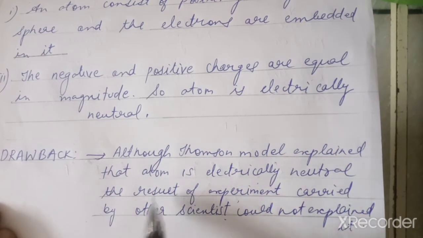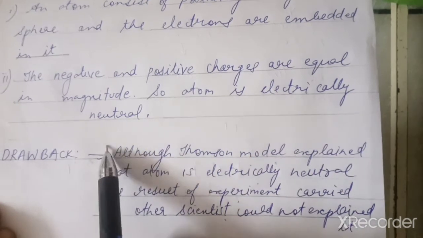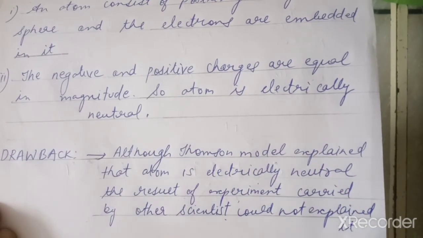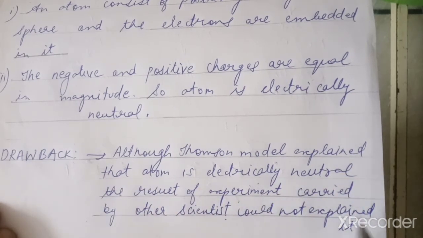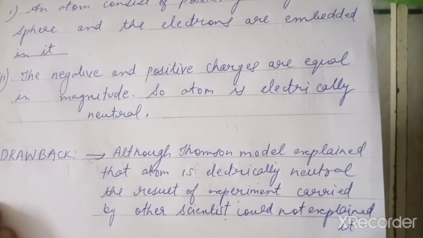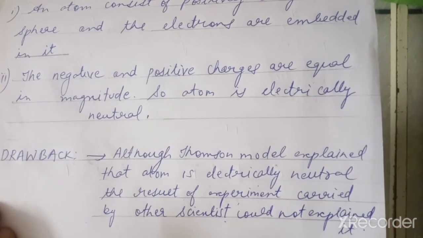So this was the drawback of this model: the model proposed by Thomson was not accepted by the other scientists. You only have to mention that the scientists who came later proposed a more stable and proper postulate as compared to Thomson.